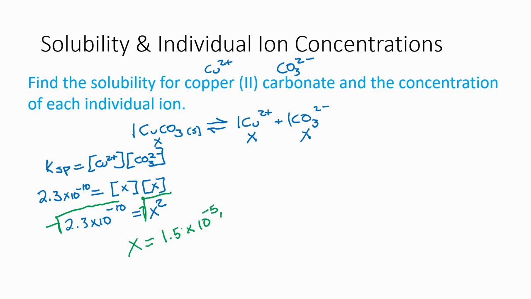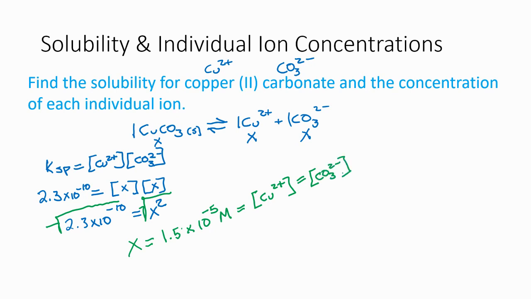And because that's a concentration, it's going to have the unit of molarity. This is equal to, as we just pointed out, the concentration of Cu2+, but it's also equal to the concentration of CO3 2-.